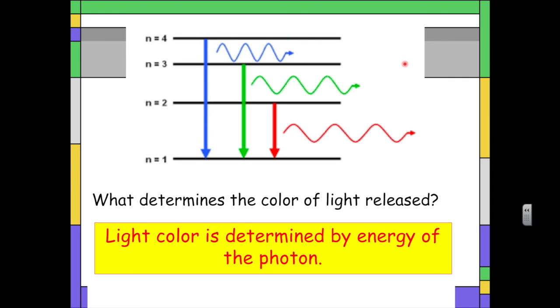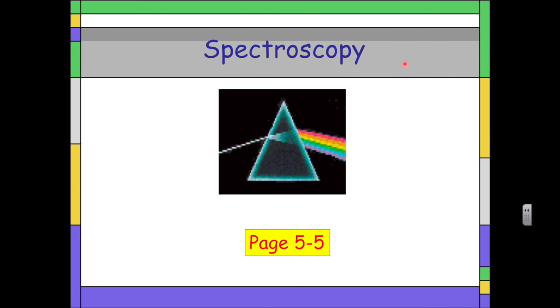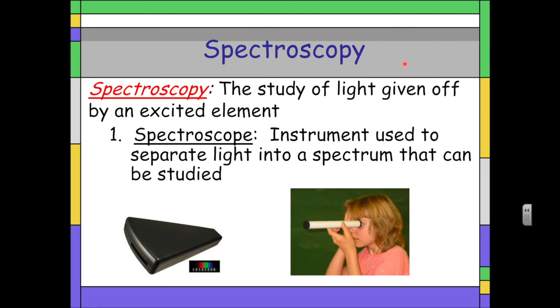It's kind of cool. You can actually look at the structure of an atom just by looking at its colors. So we can measure this through a method called spectroscopy. It's the study of light given off by an excited element. So we use a spectroscope, and I have a bunch of these in my classroom, and it's used to separate light into a spectrum. It's really just a prism to be able to look at it.